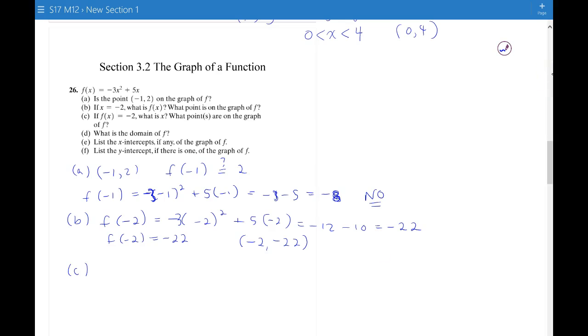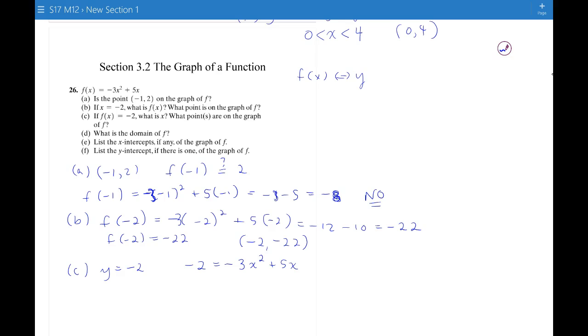So now the question asked is different. It says if f of x is -2, what is x? So if y equals -2, we put -2 in place of the y, or the f of x. So remember, f of x and y are interchangeable.